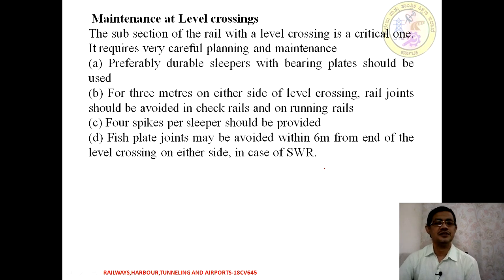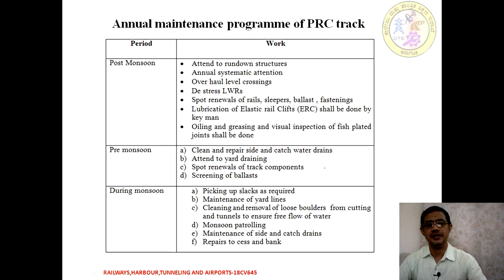For 3 meters on either side of the level crossing, rail joints should be avoided in check rails and running rails. 4 spikes per sleeper have to be provided to hold the sleepers and rails in position. Fish plate joints should be avoided within 6 meters from the end of the level crossing on either side in case of short welded rail. So this is how we maintain level crossings.